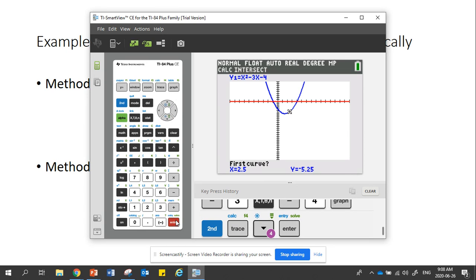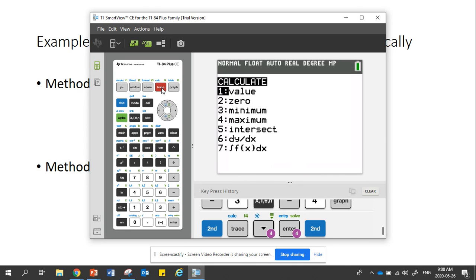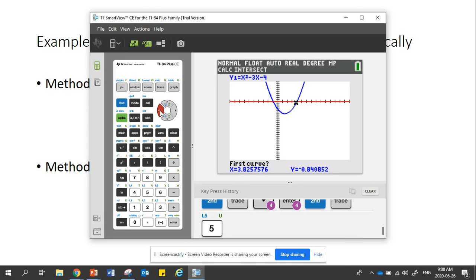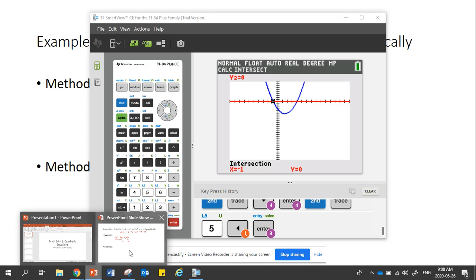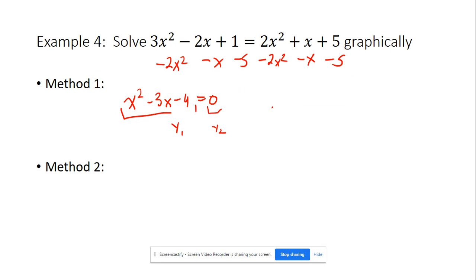So we have x equals 4 is one solution, x equals -1. Okay, so my solutions are x equals 4 and x equals -1.